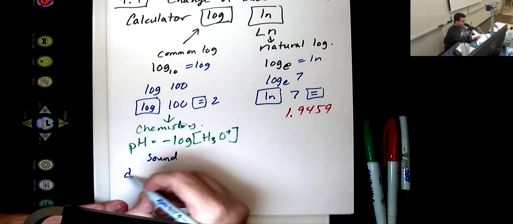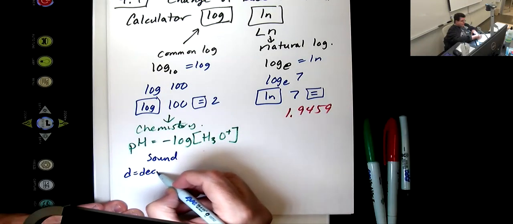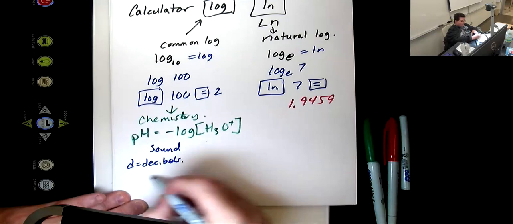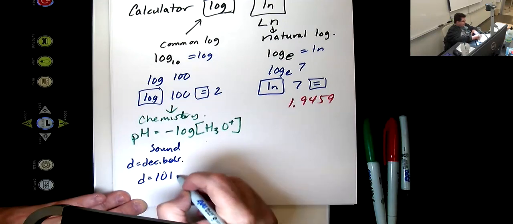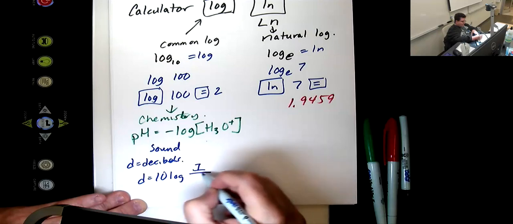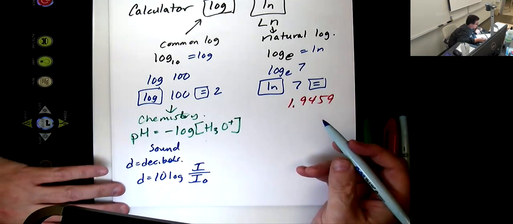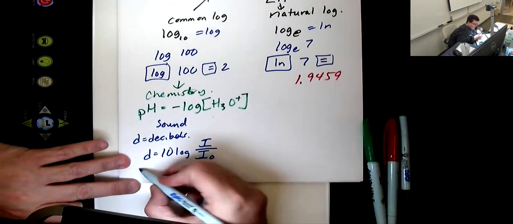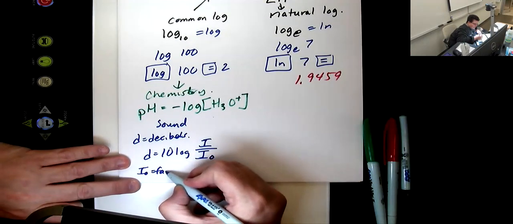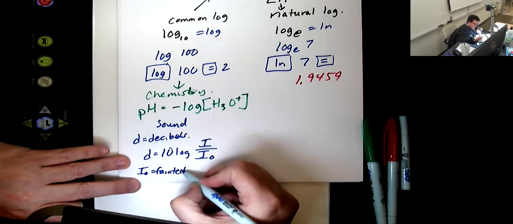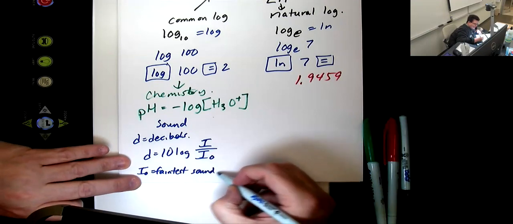D is for decibels, and it's 10 log of I over I0, where I0 is the faintest sound you can hear, or the intensity of it.